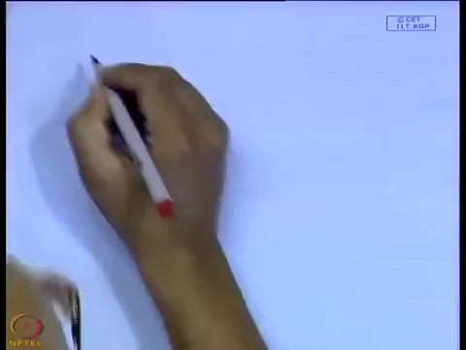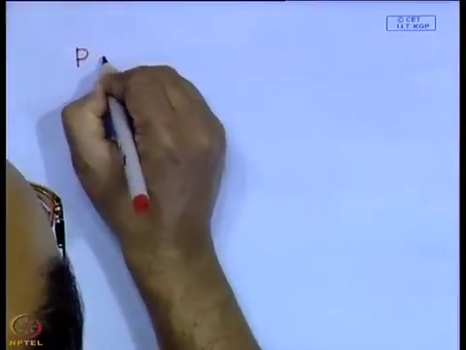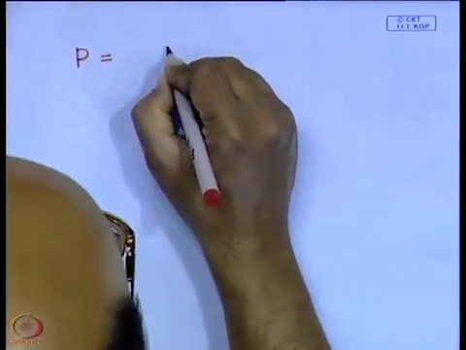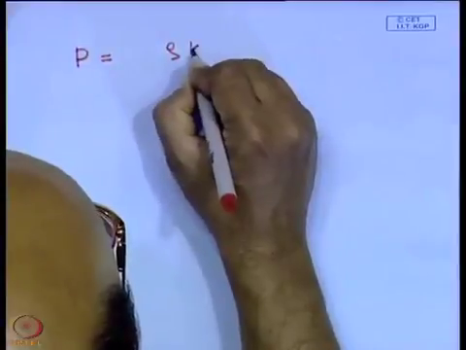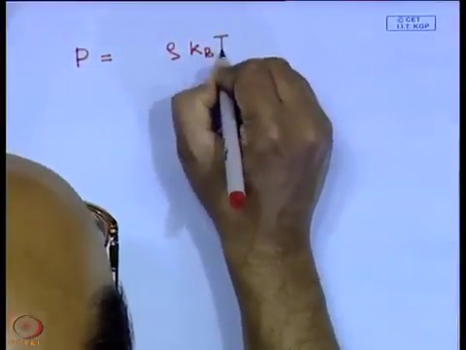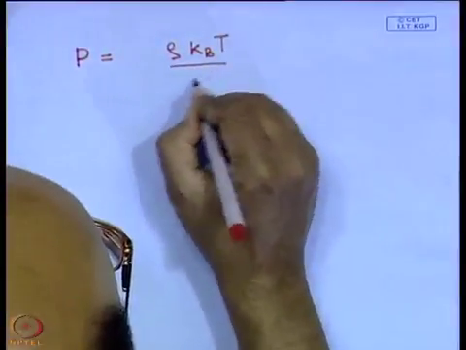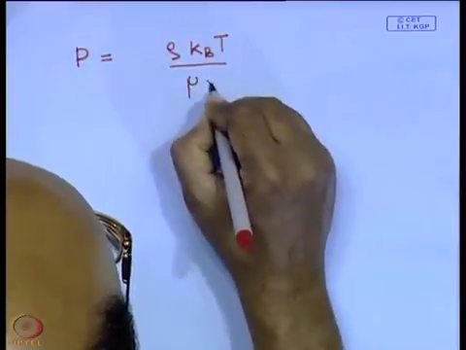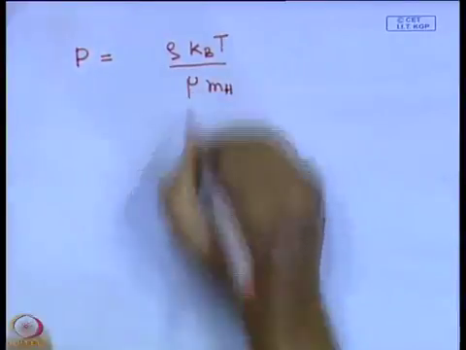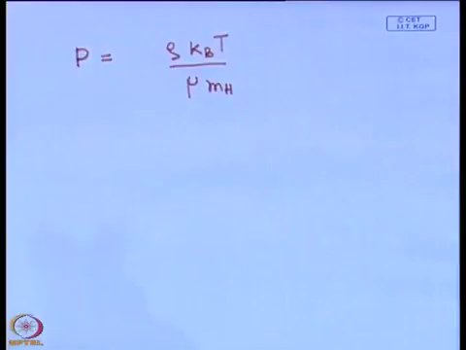So, the pressure at any point is rho kBT divided by mu into the mass of a hydrogen atom, and mu is the mean atomic weight. So, for hydrogen we have already discussed this.